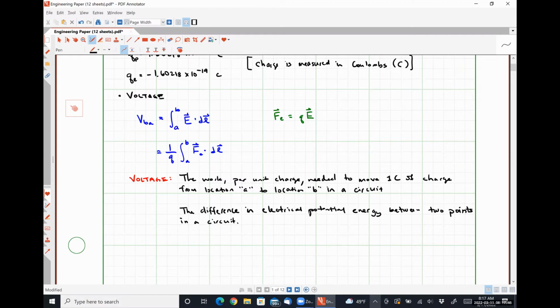The second definition is the one that we're going to use the most often in this class, okay?